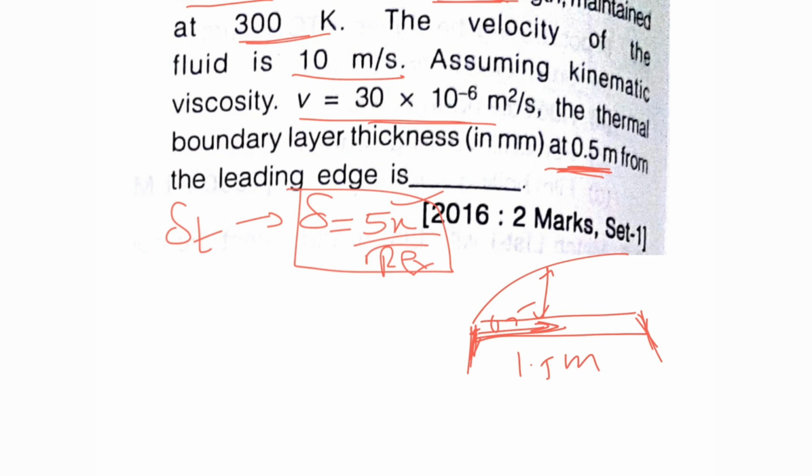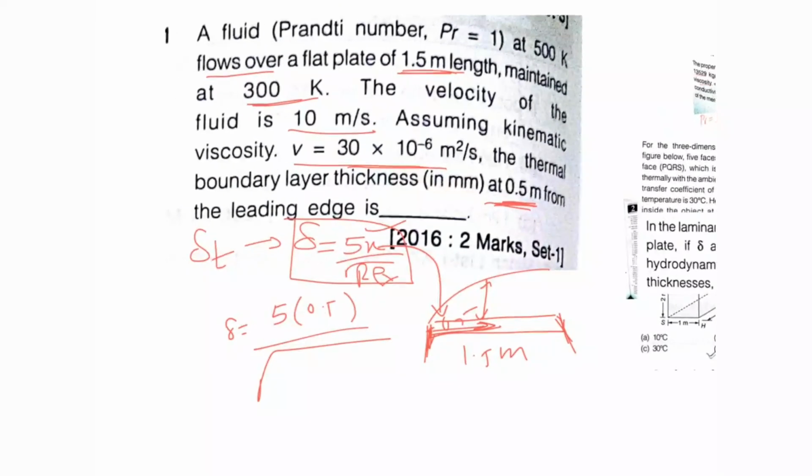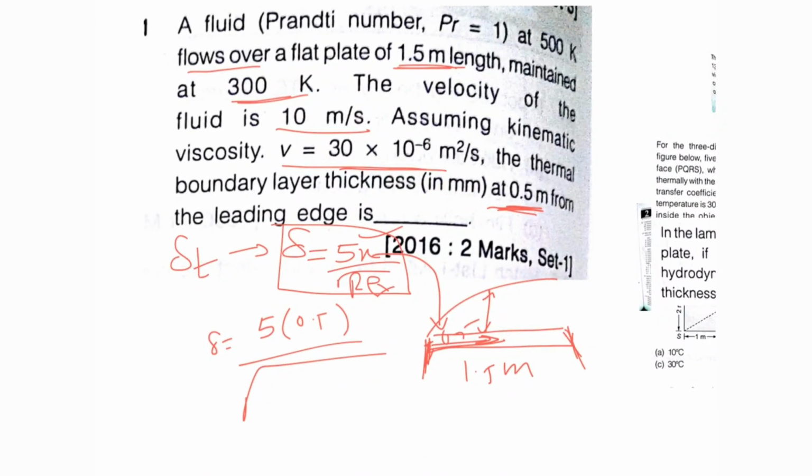Since you know that this is the leading edge, this is the trailing edge, and 0.5 meter from the leading edge, okay, this x we have measured from the leading edge itself, therefore delta is equal to 5 into 0.5 upon root over Reynolds number. Reynolds number is nothing but rho Vd by mu, okay. Here we have been given kinematic viscosity, therefore Reynolds number would be Vd by nu.